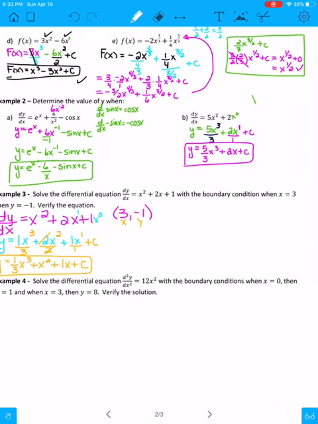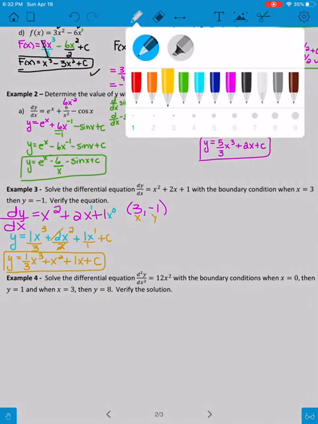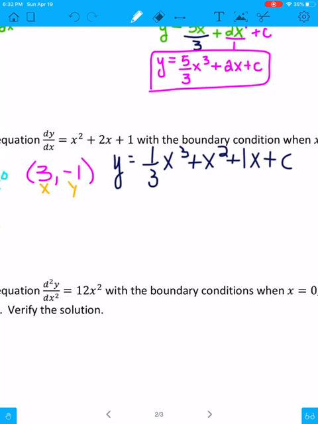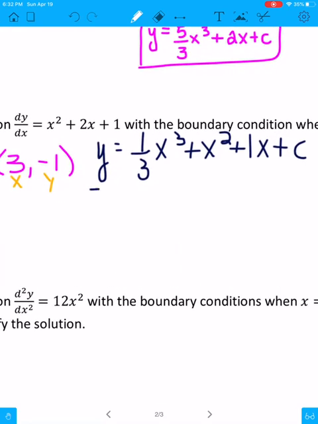So let's find out what c would be. I'm going to say y equals, I'm just going to rewrite the equation, 1/3 x cubed plus x squared plus 1x plus c. Now instead of y, I'm going to put -1 equals 1/3 times 3 cubed plus 3 squared plus 1 times 3 plus c.